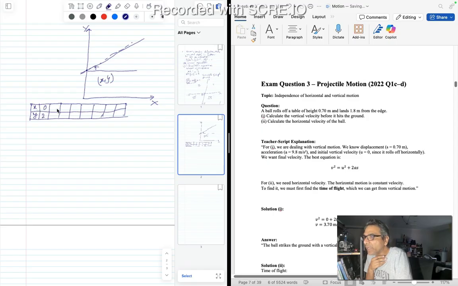If x is 0, y is 2. If x is 1, y is 3. If x is 2, y is, let's say, 7. I'm just giving some random numbers, right? If x is 3, let's say y is 9. If it is 4, let's say it is 10. If it is 5, then it will be, let's say, 13. If it is 6, let's say it is 14. Something like that. There is no relationship between these values, but I just want to plot these values on a graph.